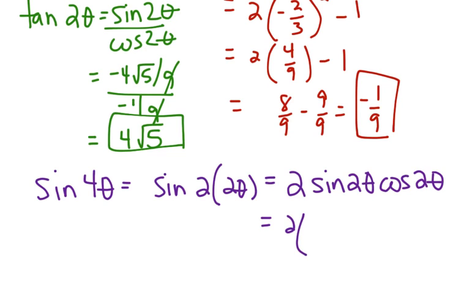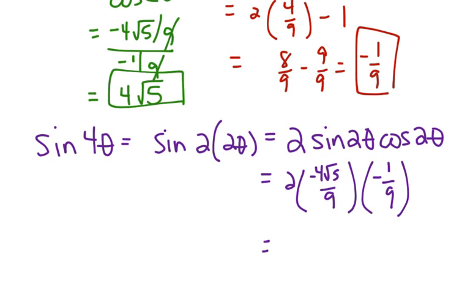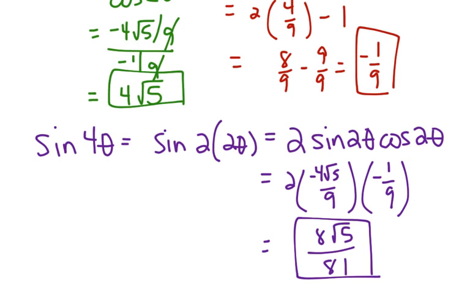The sine of 2 theta we said was negative 4 square root of 5 over 9, and the cosine of 2 theta was negative 1/9. I'm going to multiply those fractions together, and I get positive 8 the square root of 5 over 81. And that's all we need to do from section 7.3.